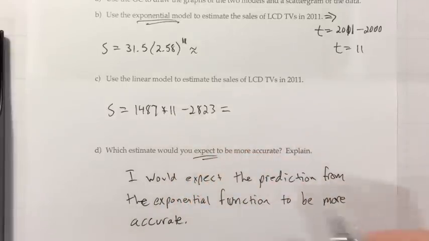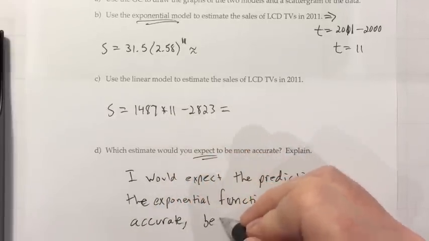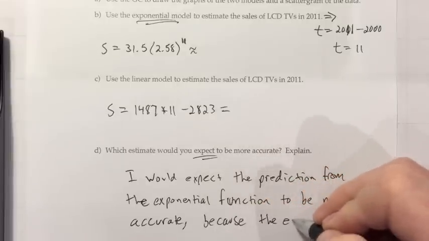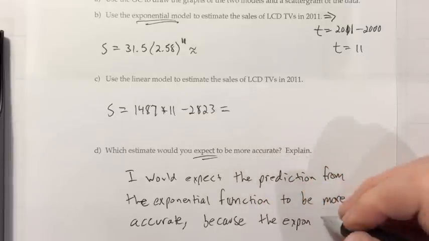And then for the explanation, I would say because the exponential function fits the curving data pattern better.